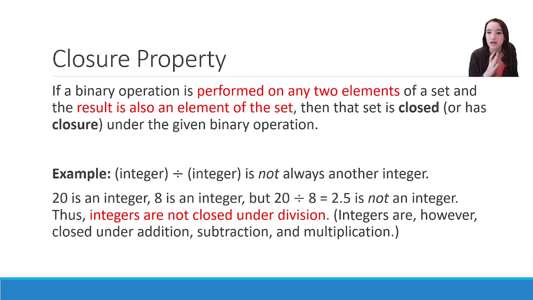Because if I multiply any two integers, remember integers being whole numbers including the negatives, I'm going to get another integer. Similarly, if I add two integers, I'm not going to suddenly get decimals in there, right? 3 plus 2 is 5. I didn't gain decimal places by doing that. So integers are closed under addition, subtraction, and multiplication, but not division.